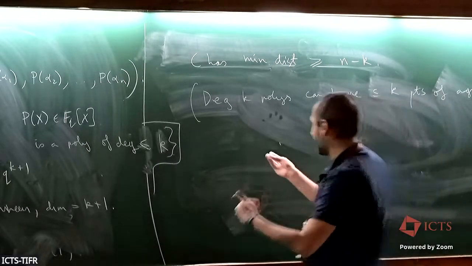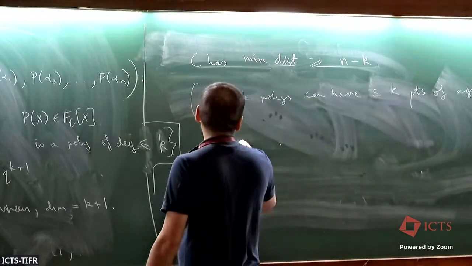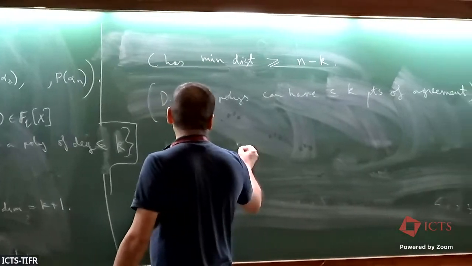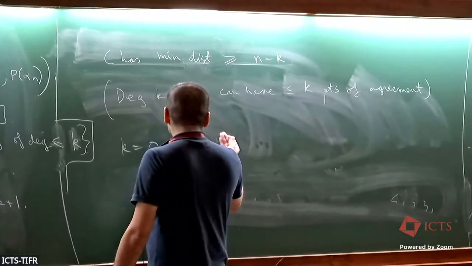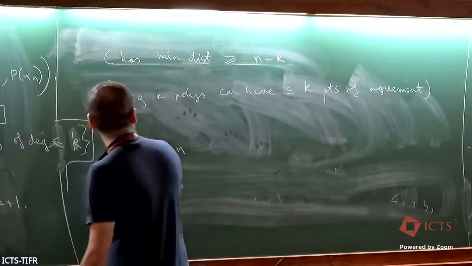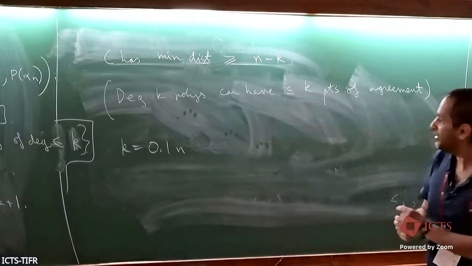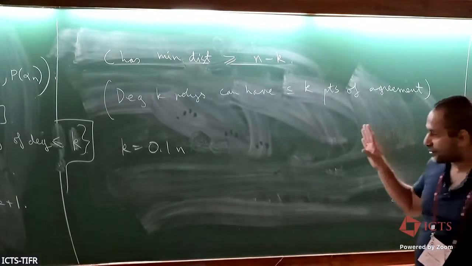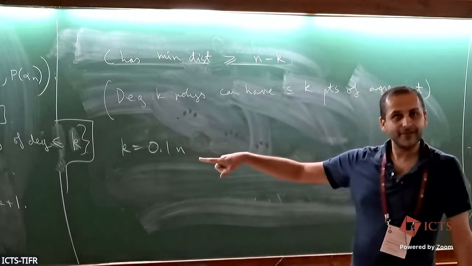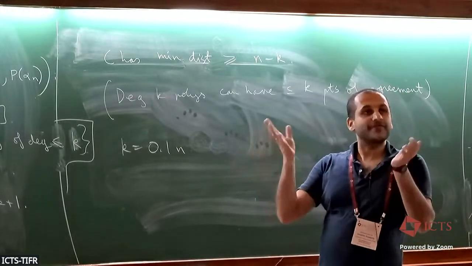A good way to set things up is maybe k equals 0.1 n. And so in the asymptotic, how does this work? There's something very unnerving about this, which is that I wanted codes over a certain alphabet sigma.